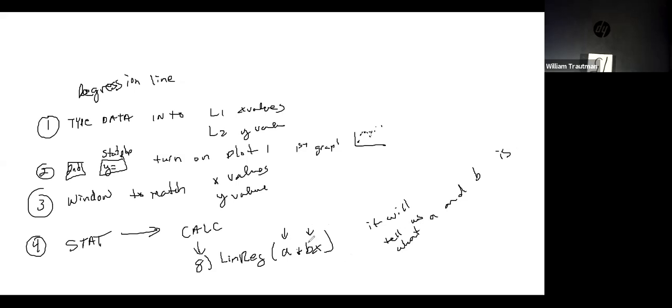Okay, there's one more thing it's going to tell us, but my calculator doesn't show it right now. We have to turn linear regression on. I'm going to stop sharing this for a second.